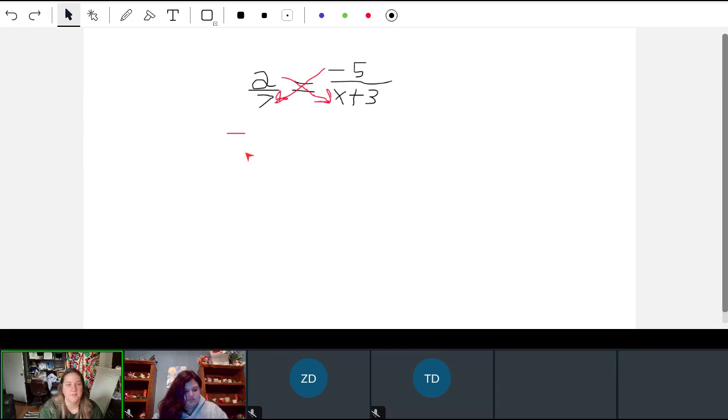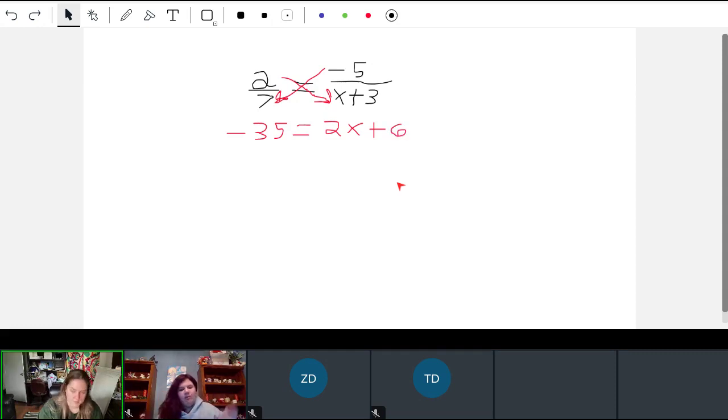So negative 35, and then copy down your equal sign. Okay, and then for this one, you have 2 times x plus 3. So you have to multiply 2 by both of these things. So 2 times x would be 2x. So go ahead and write that. And then keep your plus sign. And then what is 2 times 3? That's what you would write right here.